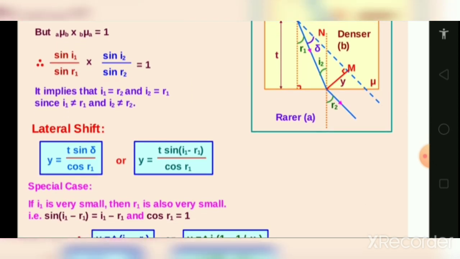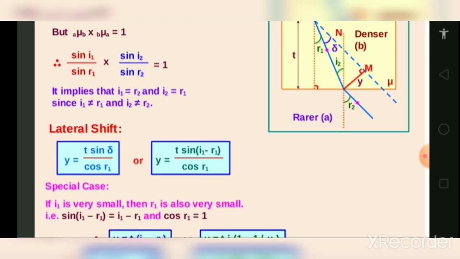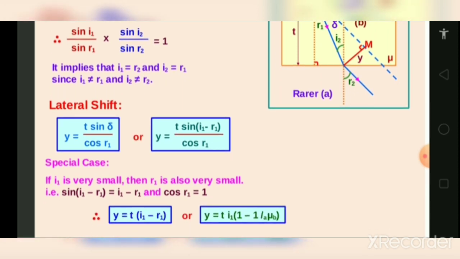Now think of an example. Suppose the shift is such that you can get the equation y is equal to t theta 1 upon 1 upon n2 minus n1 case. Then also the result can vary.